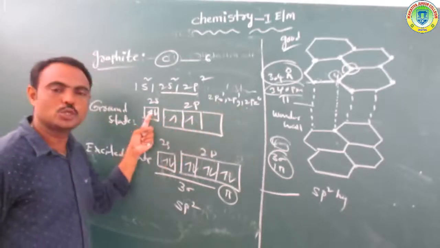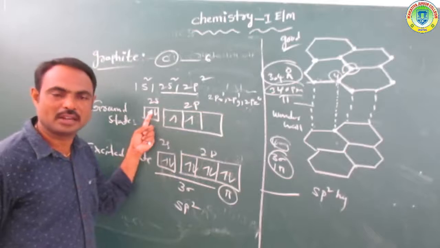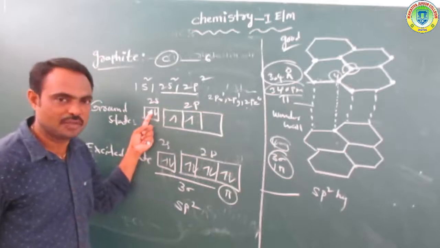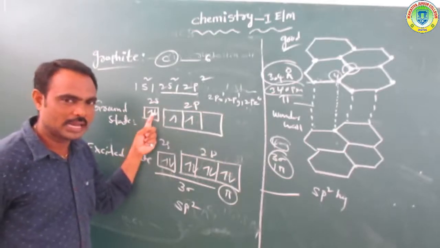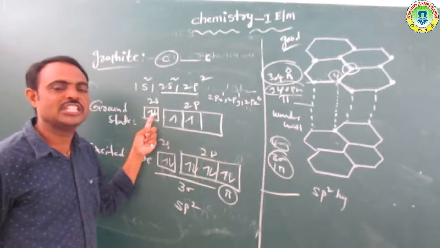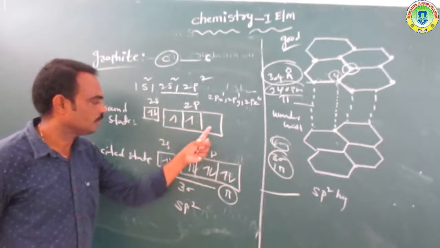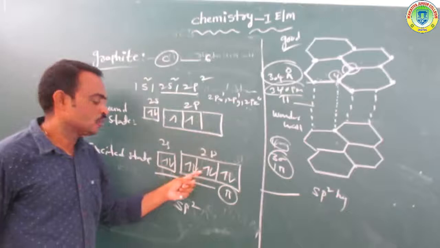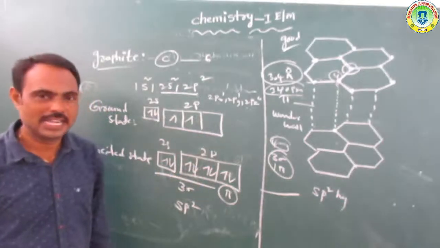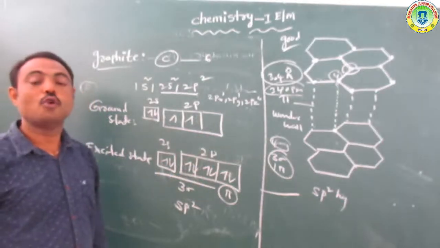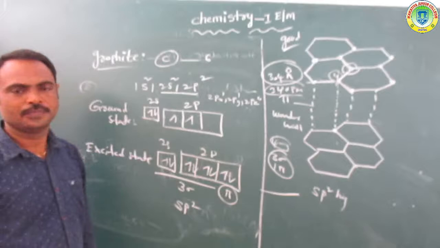When the electron in the lower energy shell absorbs some energy from the surroundings, it jumps to the higher energy shell. So in the excited state it contains 4 single electrons.